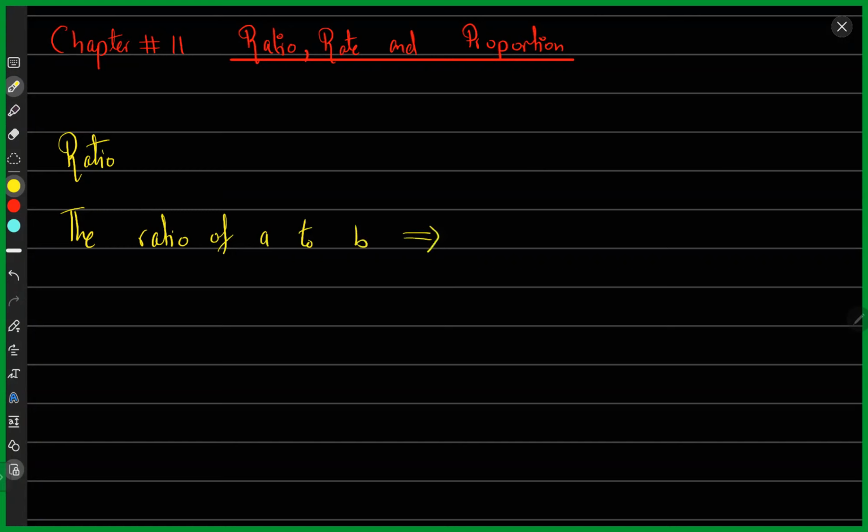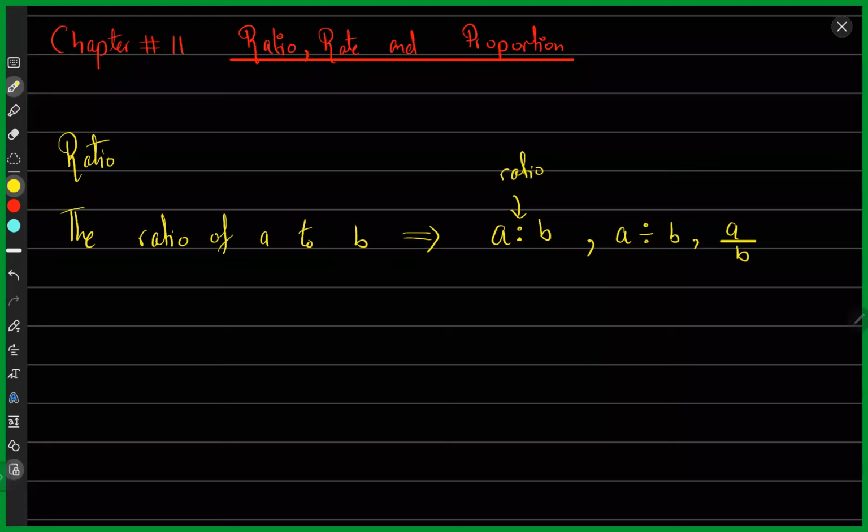Okay, in English, if I say the ratio of A to B, mathematically, I can write it as A ratio B, or I can write it as A divided by B, or as a fraction, A over B. Okay, so far we have only discussed ratio. If we say the ratio of A to B, mathematically, this is the symbol for ratio.